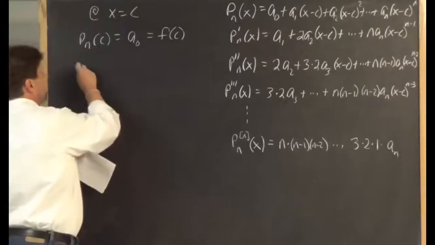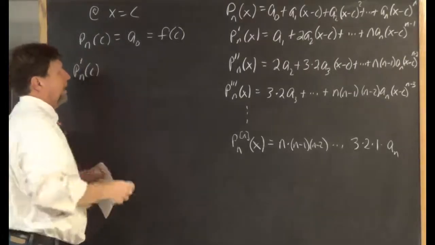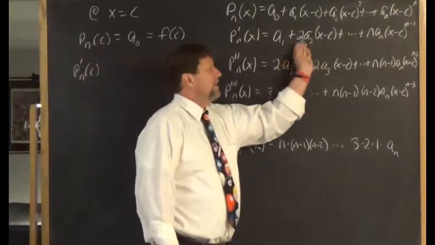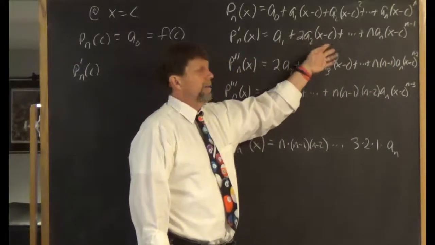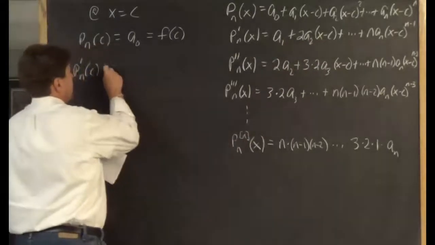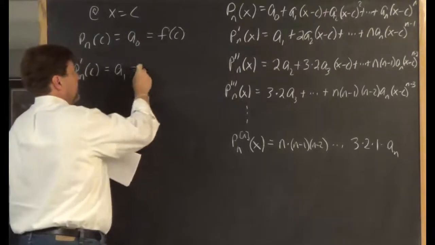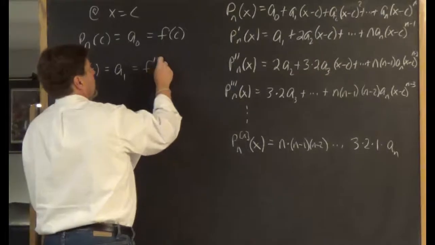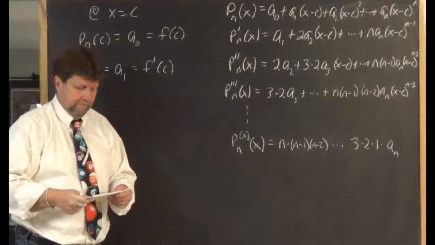Let's evaluate the derivative of the polynomial at c. Again, when x is c, all of this stuff will be just 0 plus 0 plus 0. So we're just left with a sub 1. Now remember, we want the derivative of the function evaluated at c to be equal to a sub 1.